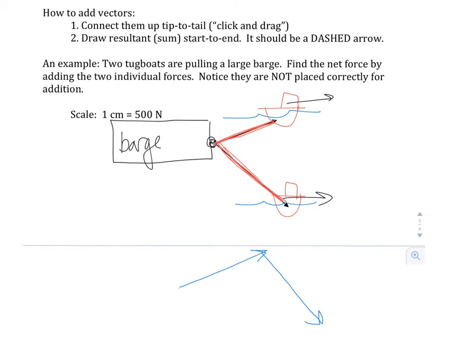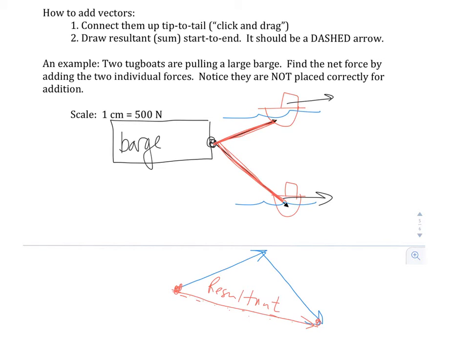And so the resultant of those two, if I start here and I end here, would be in this direction. If you add those two together, this would be my resultant. And that would be the resulting direction that that barge would be headed in.